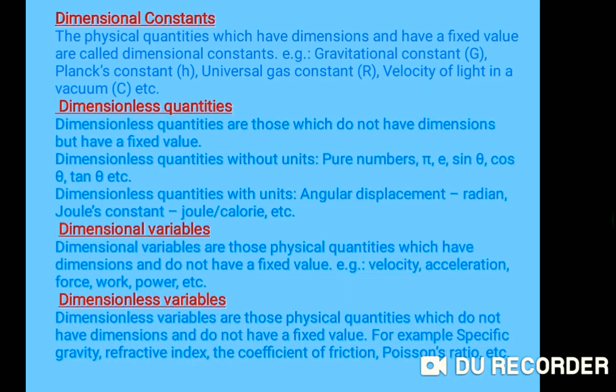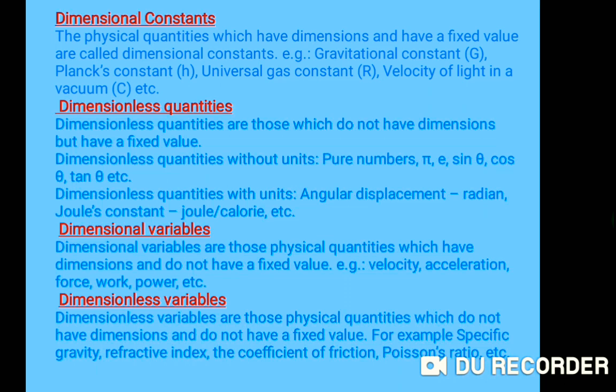Dimensional variables. Dimensional variables are those physical quantities which have dimensions and do not have a fixed value. Example: velocity, acceleration, force, work, power, etc. Dimensionless variables.